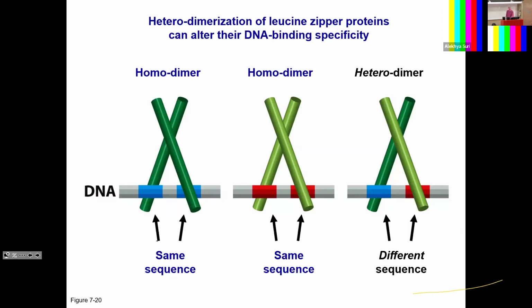Whereas heterodimers are two different proteins forming a dimer, and also binding, you see here a blue and a red box, to different sequences. So very often you can see these proteins bind to the DNA as dimers. I mean, one reason could be it's more stabilizing the interaction, where a monomer would not be so stable. Could be.